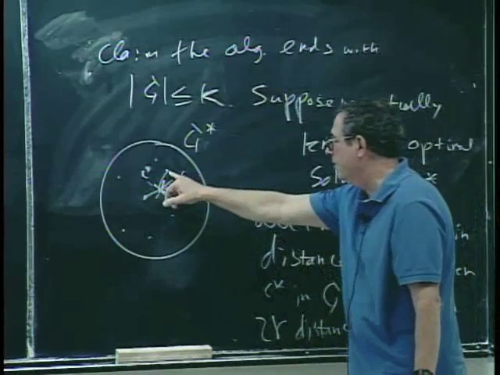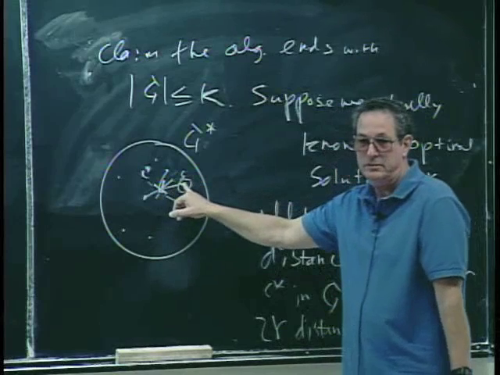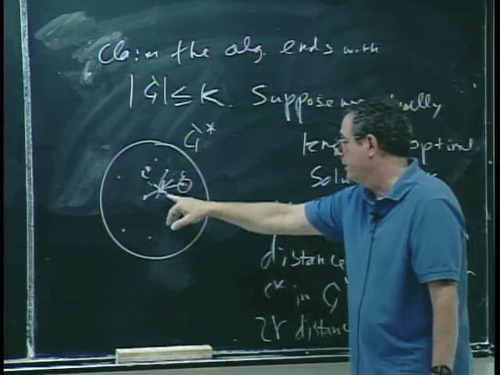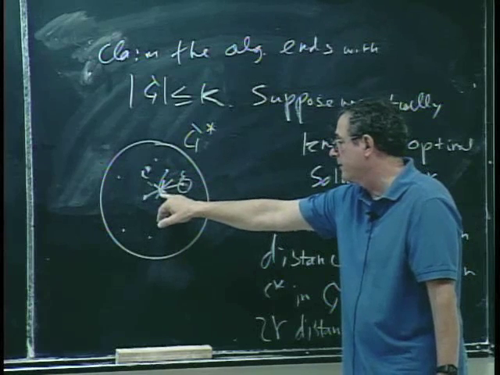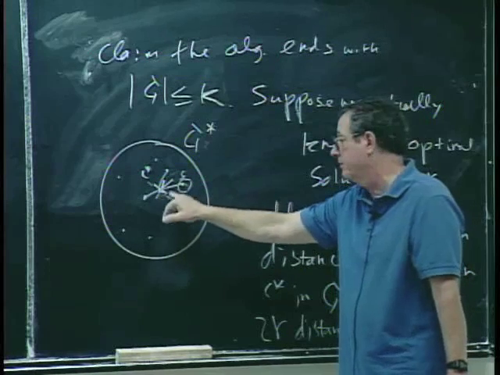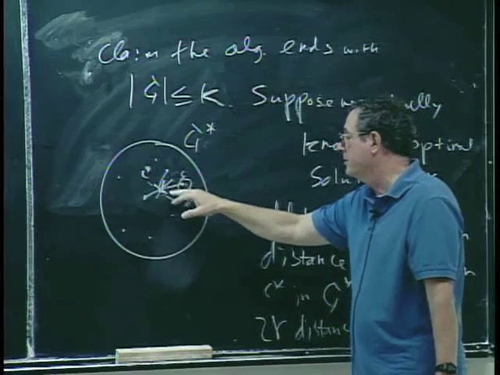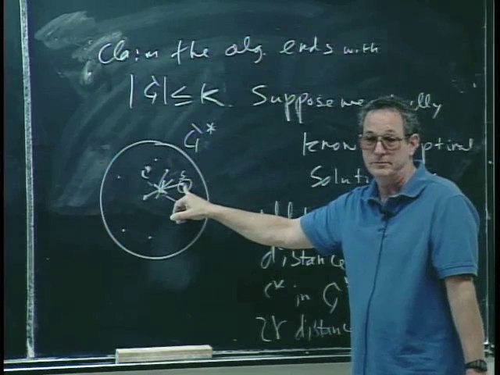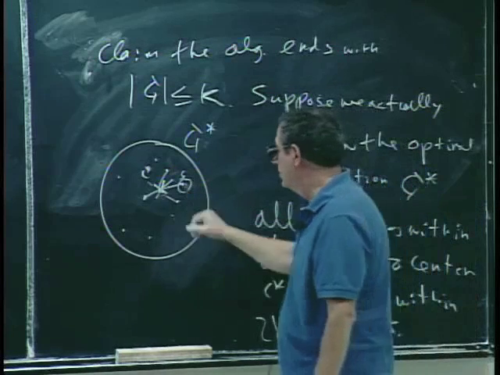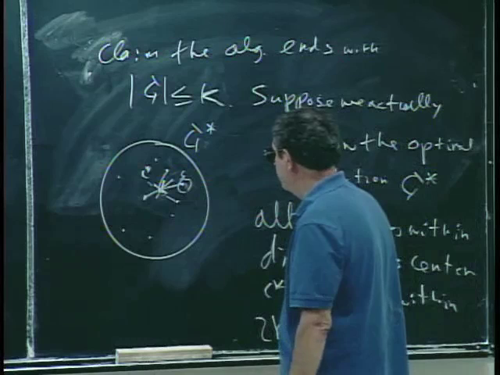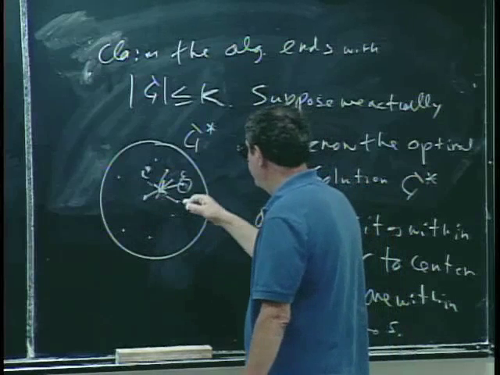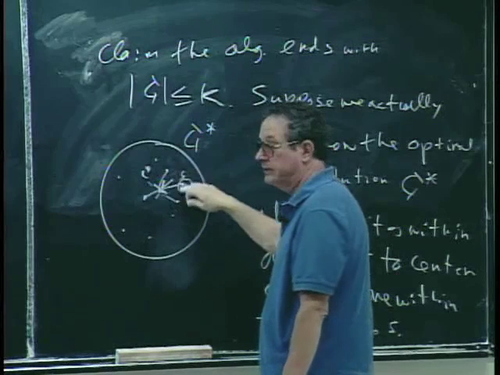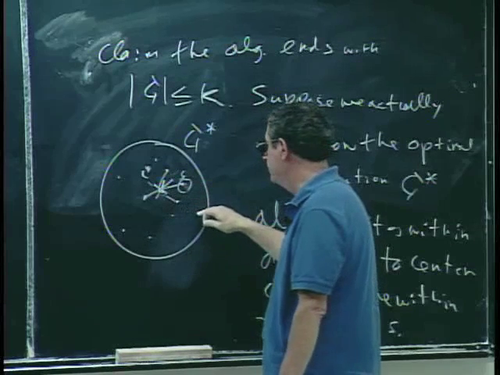Well, if you can go within R to here and within R there, that's, if you went straight, it's even less than that. So all the sites that this center covers are within distance 2R of this site that's chosen as a center. Okay, so that's one fact. And then, in the algorithm, you pick this as a center and you get rid of all of these sites because they're within distance 2R. All right?